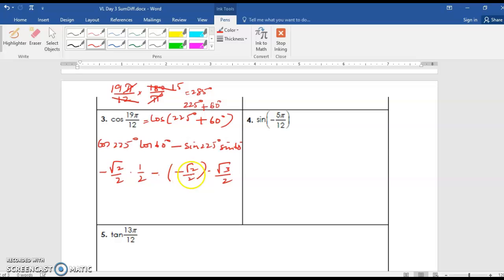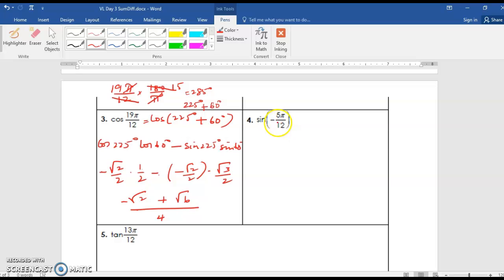So here the negative times negative will become positive. The middle term will be positive. Okay. So if you take the common denominator, it is negative root 2 plus root 6 over 4. Okay, so that's the answer. And you can do the other form if you need. You can factor out root 2 over 4. It's up to you. So that's how this goes.